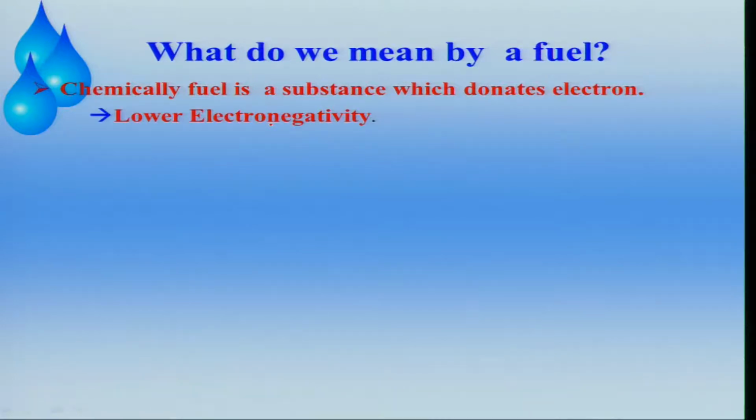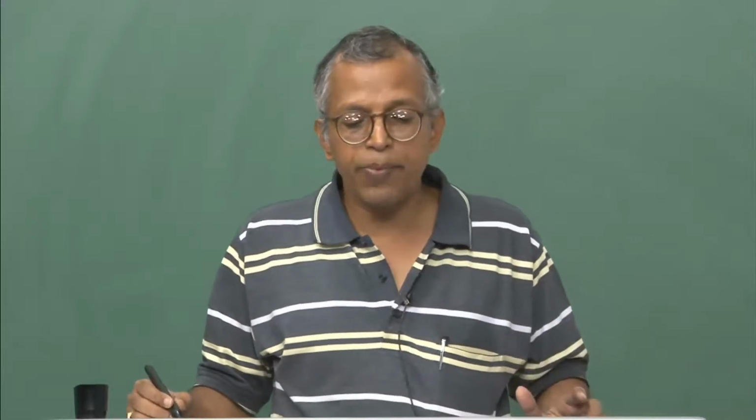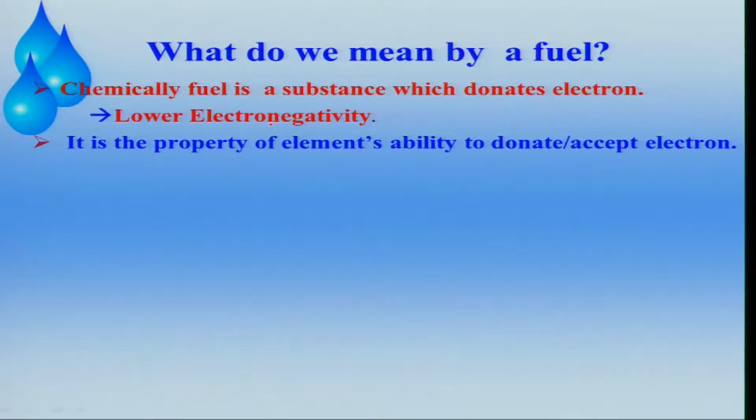electronegativity. That means a fuel must have a lower electronegativity. This term electronegativity was given by Linus Pauling, who was a Nobel laureate, and it is basically a property of an element's ability to donate or accept an electron.